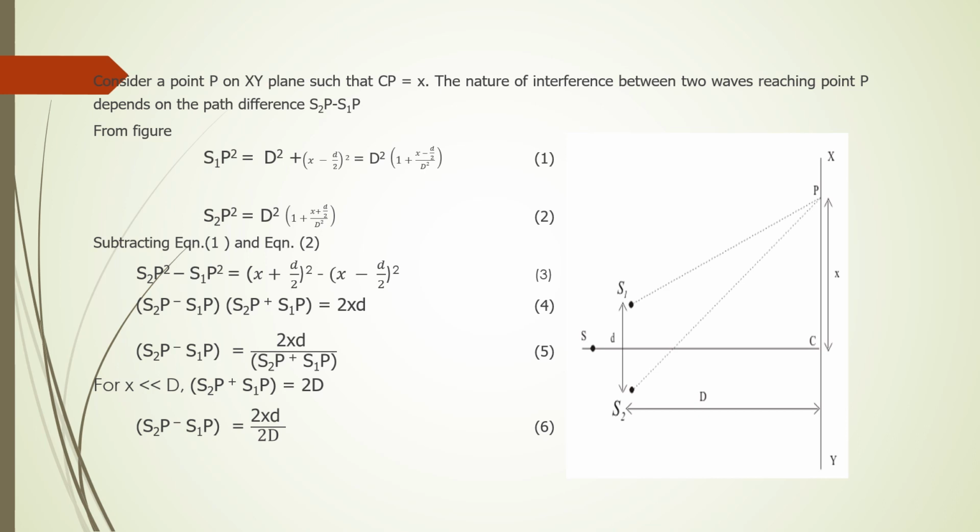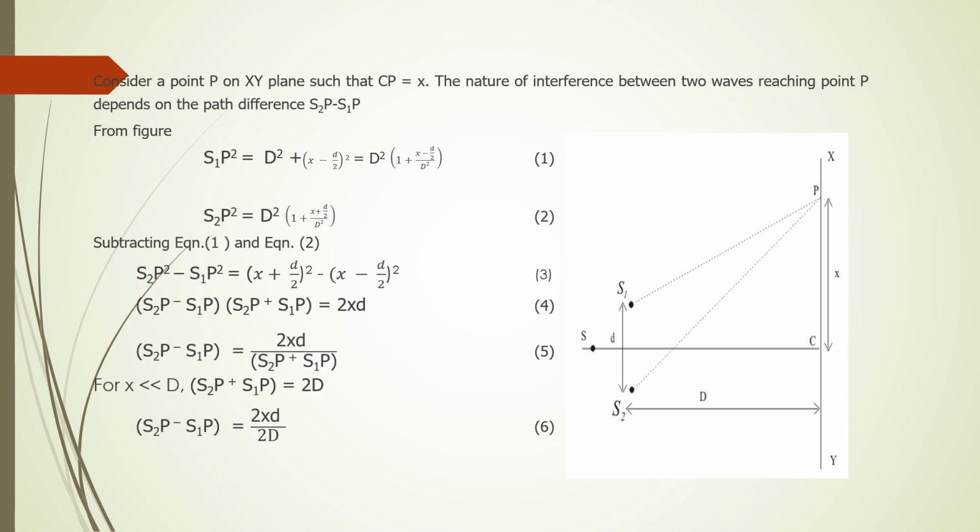As we know, the path difference is S2P minus S1P. We keep that term on this side and the other terms on the other side, which is equal to 2xd by (S2P plus S1P).